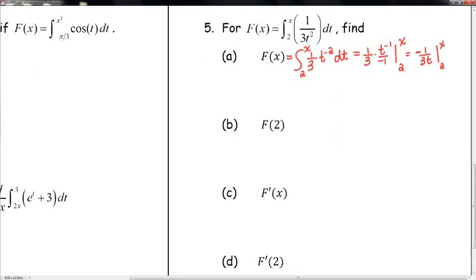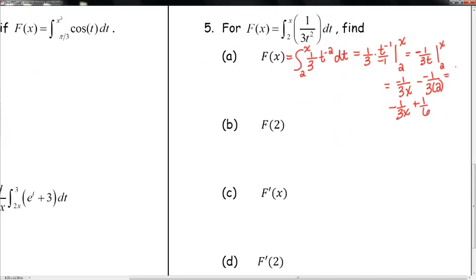And so now we can plug in. So negative 1 over 3 instead of t, I'm substituting in x, so it becomes 1 over 3x minus negative 1 over 3 times 2. And so that simplifies to being negative 1 over 3x plus 1/6.